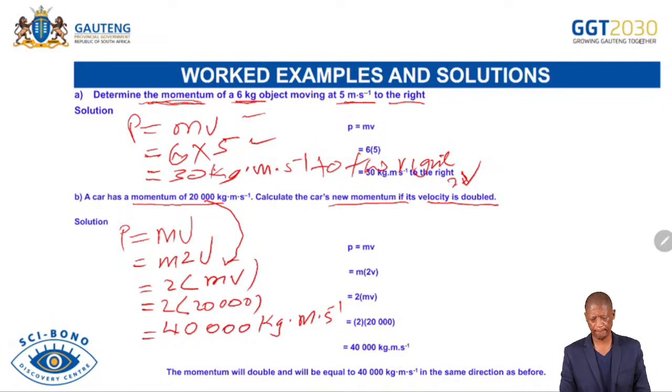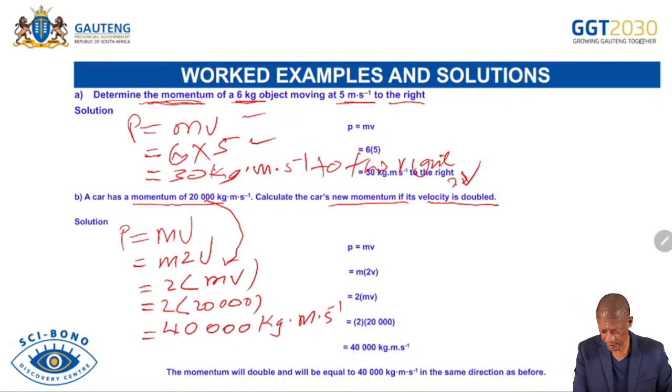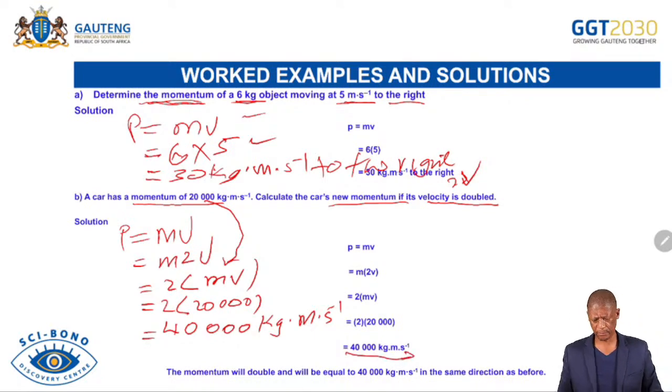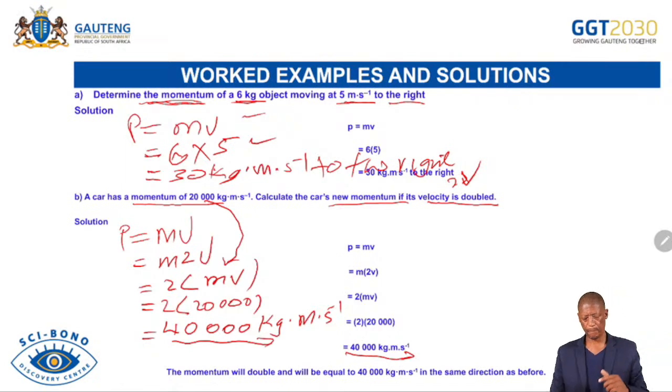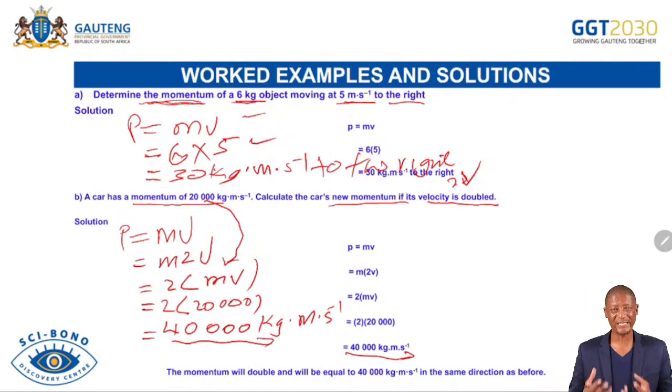Now, let us verify that we've done a correct thing. Voila, here it is. We have done a correct thing. They got their answer as 40,000 kilogram meters per second. Now, what does it tell us? It tells us that the first momentum that you are given is going to be doubled. So it has doubled, because they said velocity is doubled. So the momentum is what? Doubled as well. You started with 20,000, now you came to 40,000. So it is double. All right. So this is very important. This is how we calculate momentum. And remember, it's very important to understand.